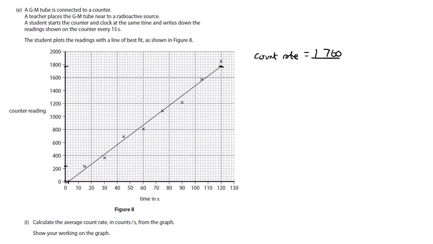So we'll not go 120, we'll go 118 seconds. This is 120 minus 2, and on the top it's just 1,760 minus 0. So it's just the gradient of the line between 2 points. That's all we've calculated. And if you work that out, you get about 14.9 counts per second.